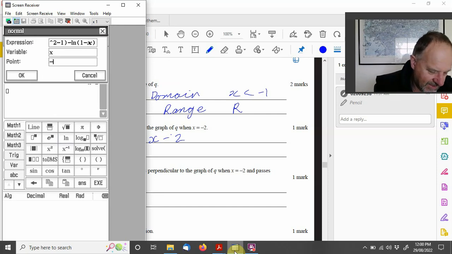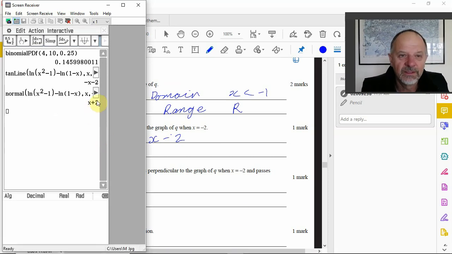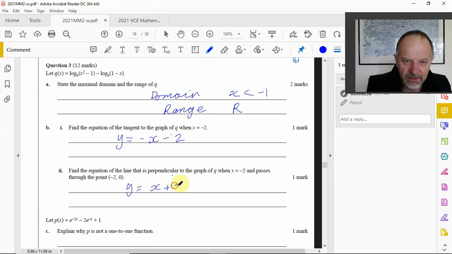The point is again minus 2, and there you are. So our equation is y equals x plus 2. You could do that by hand, but that would take more time.